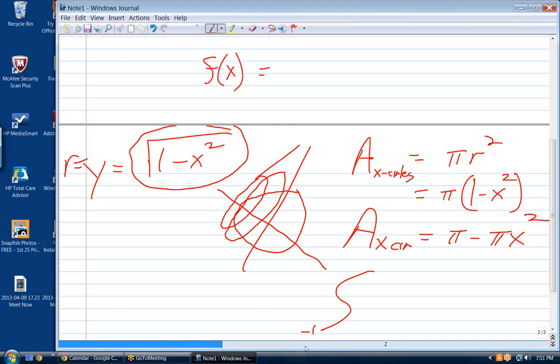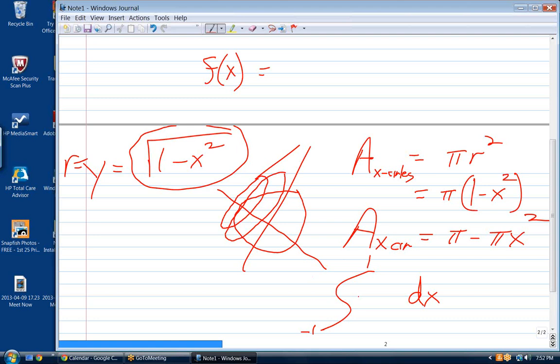Negative 1 to 1. In other words, if you remember, we're integrating along the x-axis because that's the thin part of the cross-section circles. Wherever the thin part is, in this case, it's along the x-axis. So we're going to go from the far left point on the x-axis to the far right point on the x-axis, or minus 1 to 1.